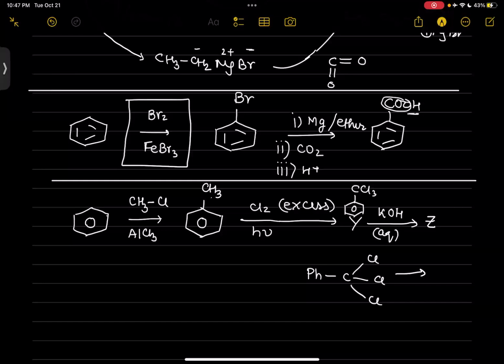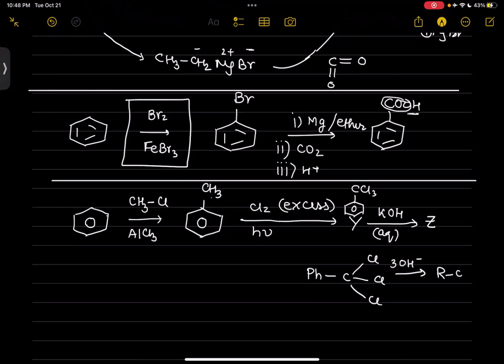You will have OH, OH and OH. Got it? Once you hydrolyze it, you will have 3 OH. All the 3 will be replaced. But you know, multiple OH on one carbon are unstable and water is removed.